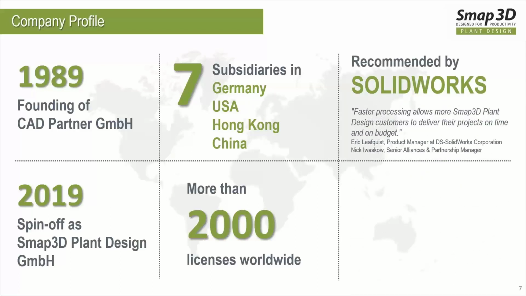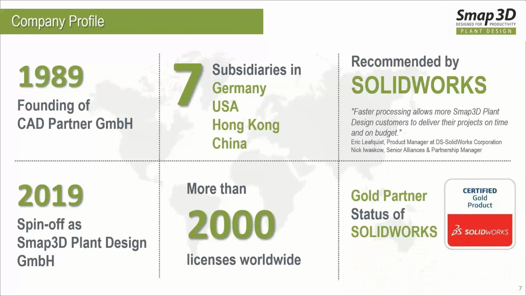And so we are also highly recommended by SolidWorks for piping applications. We're a gold partner of SolidWorks. So out of the over 700 partners that SolidWorks has, around 40 of them are gold partners. So that's the highest level of integration inside of SolidWorks.